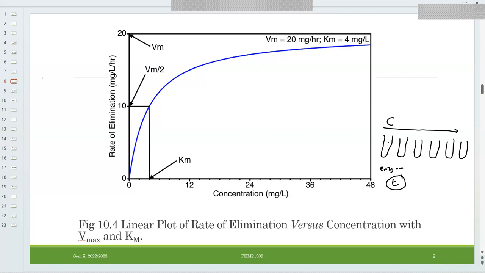And then you analyze each tube. You measure the difference between the amount of drug before and after.